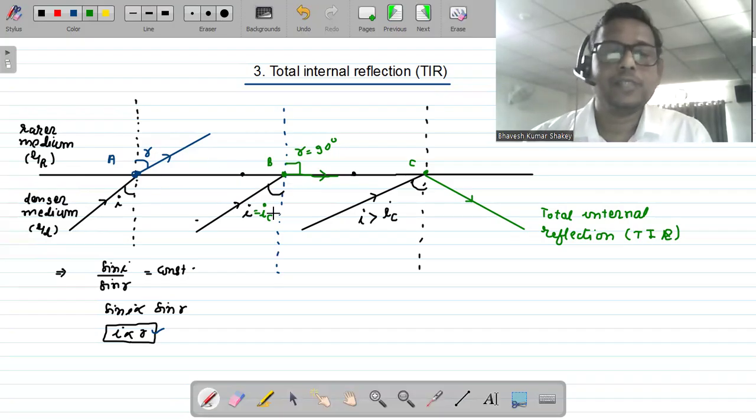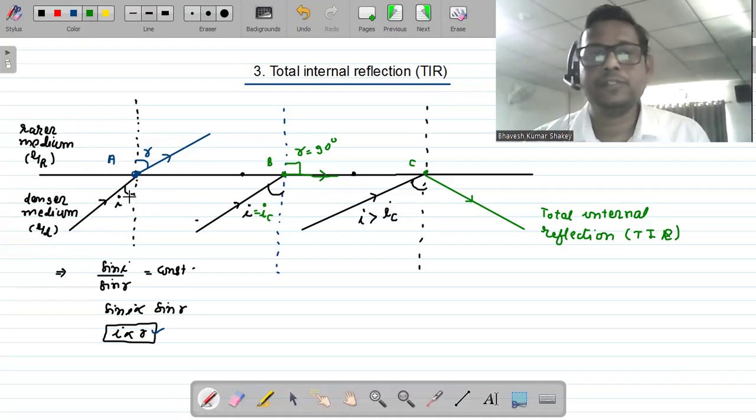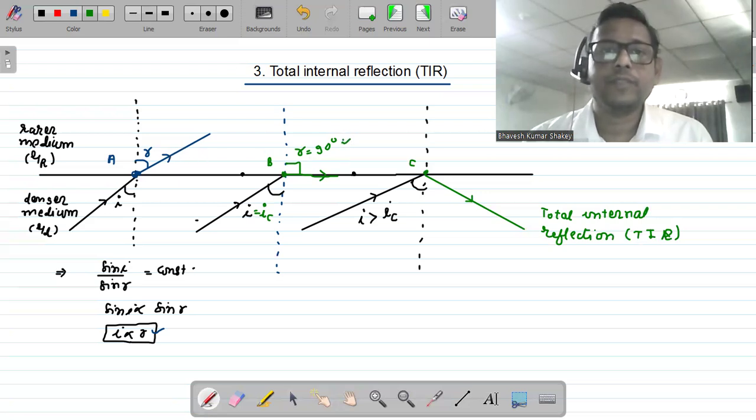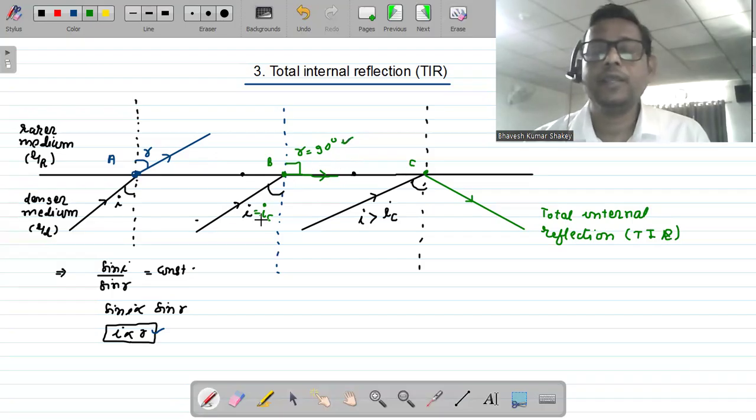Now what happens when I start increasing the value of I, the angle of incidence? The R will also increase. When R becomes 90 degrees, the angle of incidence is called the critical angle. This I is called IC. IC is the critical angle.